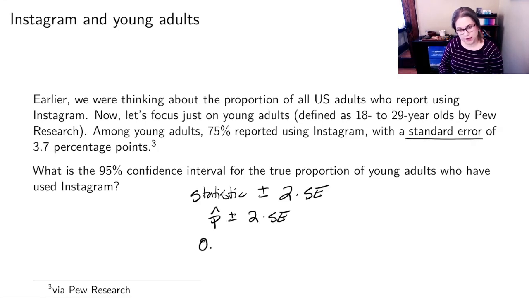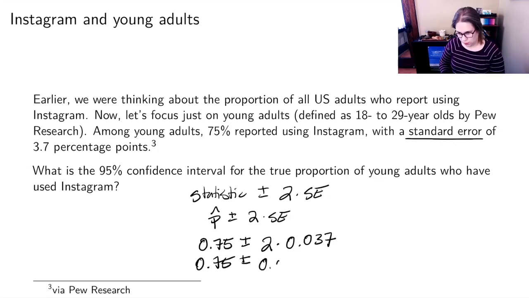That's our best point estimate, 0.75, plus or minus 2 times the standard error, 0.037. So that's 0.75 plus or minus 0.074. And that turns out to be 0.676 to 0.824.